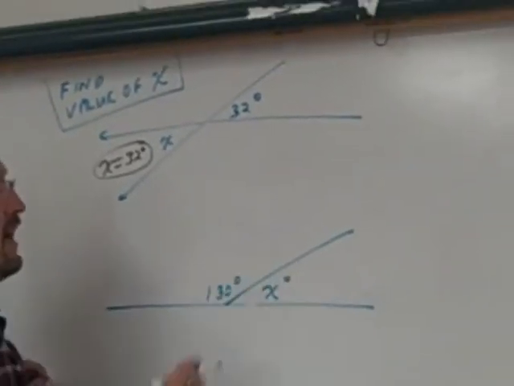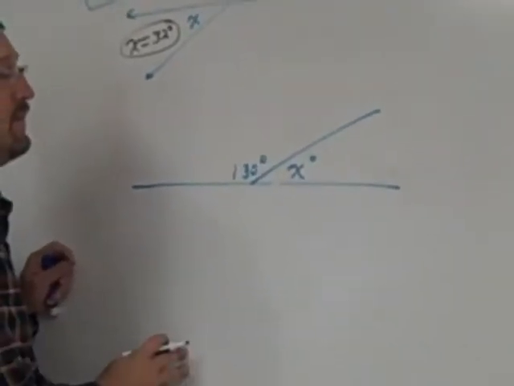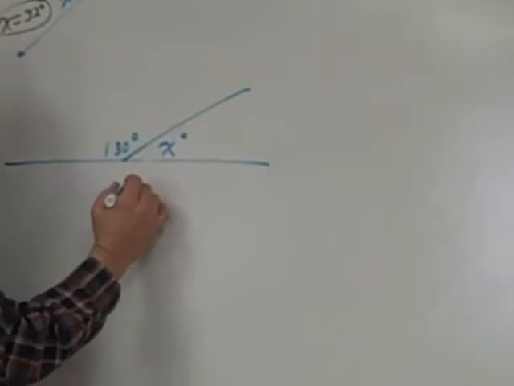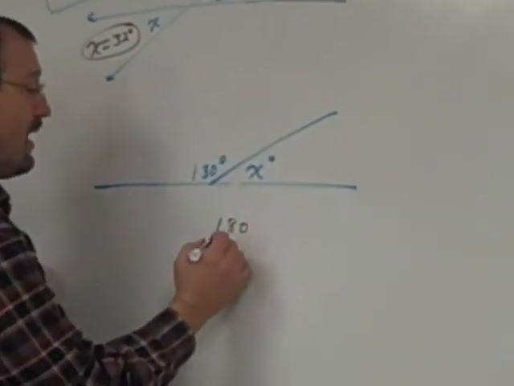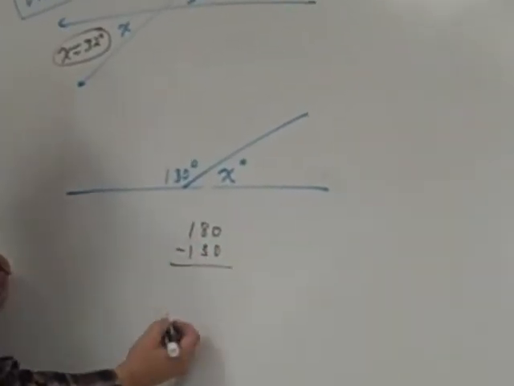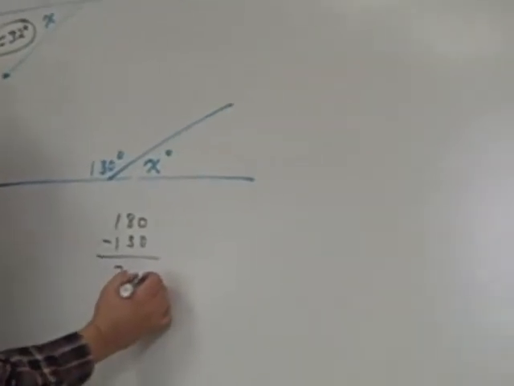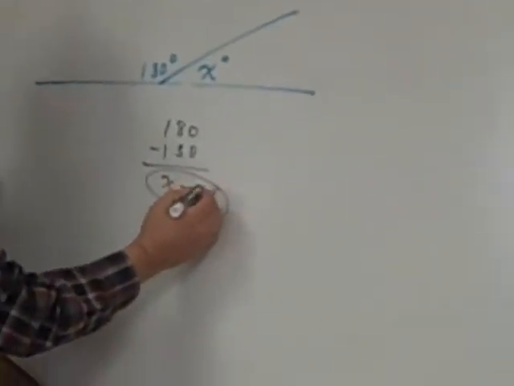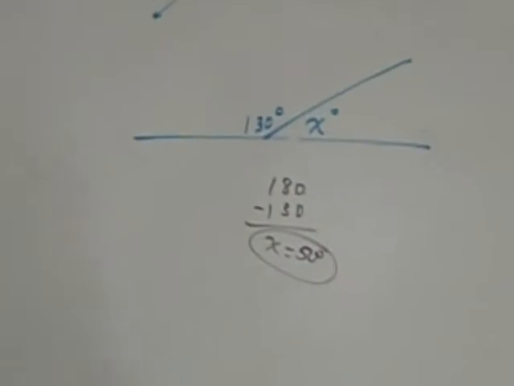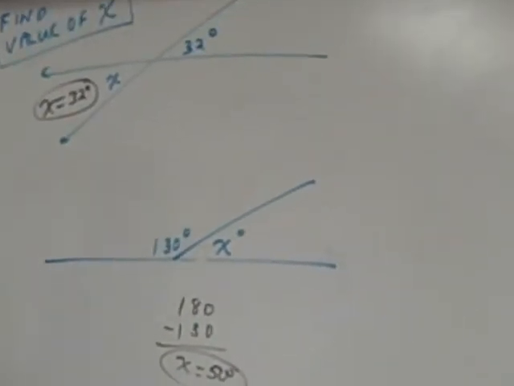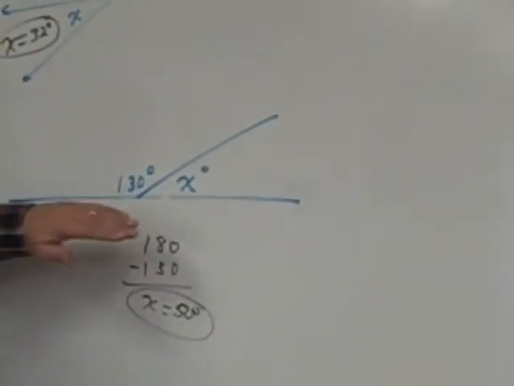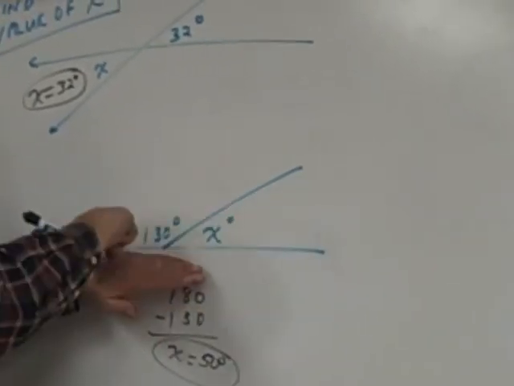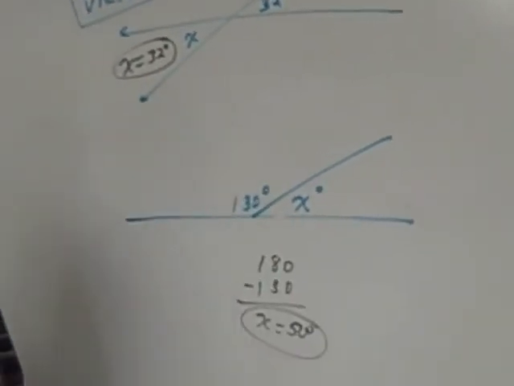How do I find this guy? 180 minus 130. Thank you, you said it backwards. X is 50 degrees, right? Because of supplementary, or straight angle. It's all the same. Kill it, girl.